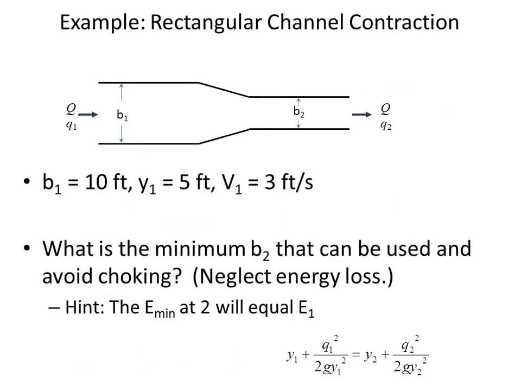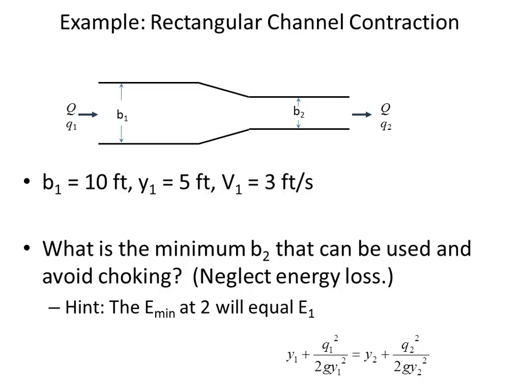All right, so let's take a look at a contraction. We've got an example with a contraction here. We want to know how far can we push this? What is the minimum width for B2 before choking occurs? How narrow can that channel be? We know B1, Y1, V1. We can use that to find E1.